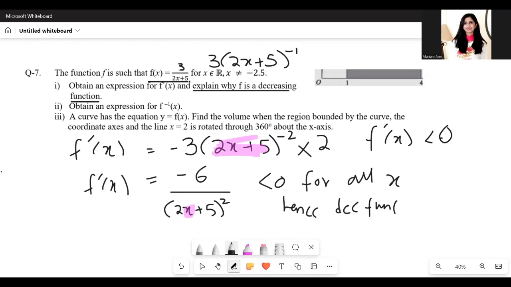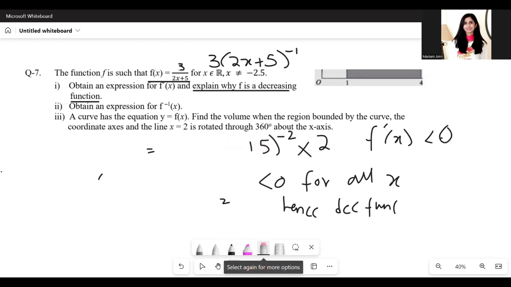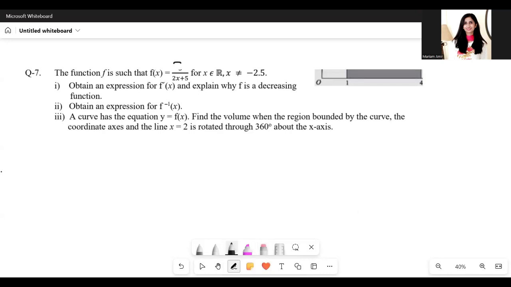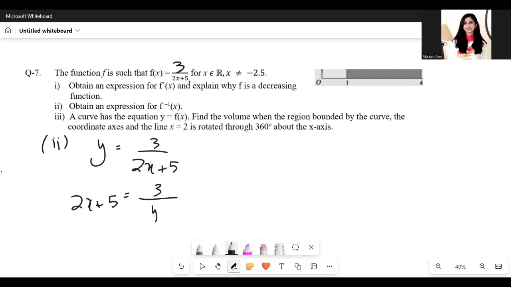Next part says, obtain an expression for f inverse of x. We've done this in O levels. This is so easy. Equate it to y and then make x the subject. So for part 2, y equals 3 upon 2x plus 5. To make x the subject, I'm going to swap the places of y and 2x plus 5, sending the 5 to the other side.